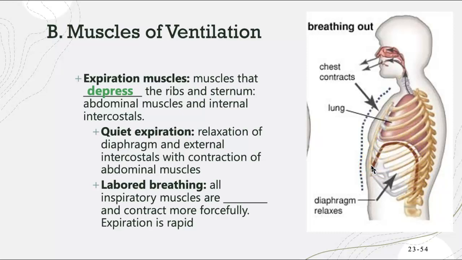Our external intercostals, as well as our abdominal muscles, though, will contract. When we are in labored breathing, all of our inspiratory muscles are going to become active and contract more forcefully, so expiration will be rapid.